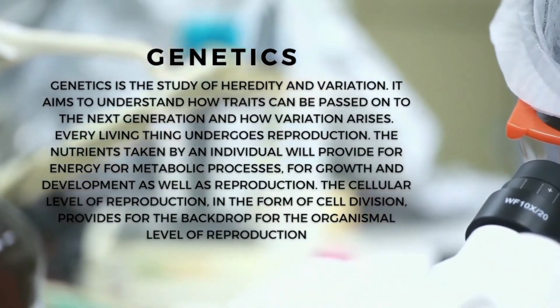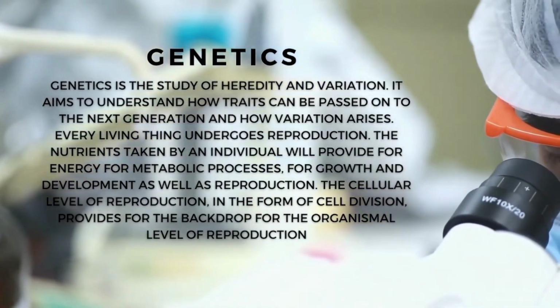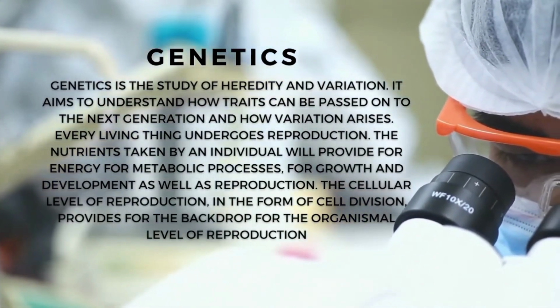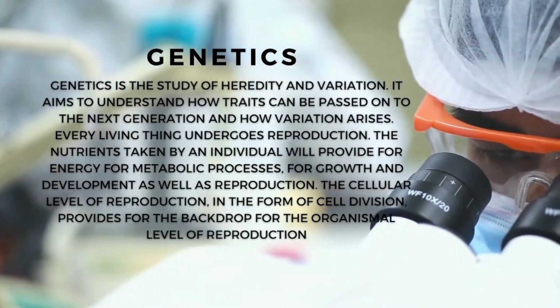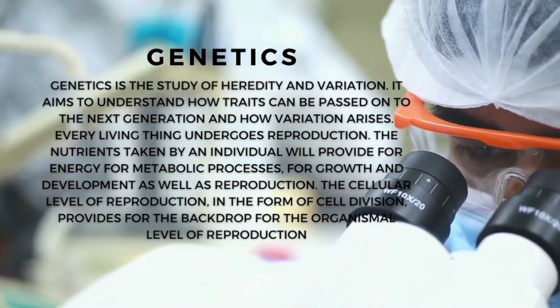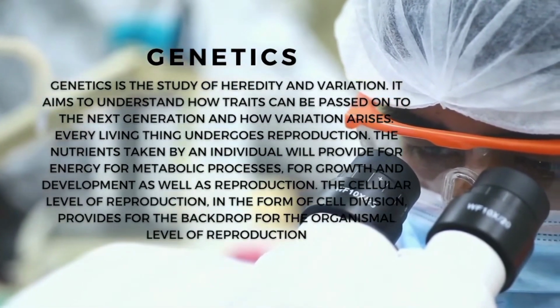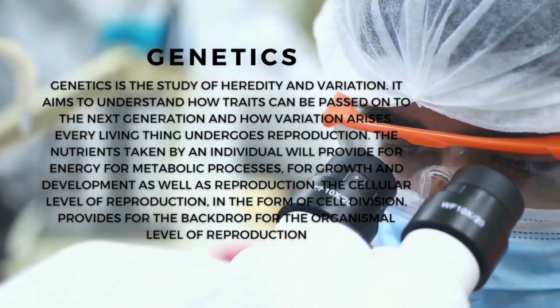Every living thing undergoes reproduction. The nutrients taken by an individual will provide energy for metabolic processes, for growth and development, as well as reproduction. The cellular level of reproduction, in the form of cell division, provides the backdrop for the organismal level of reproduction.